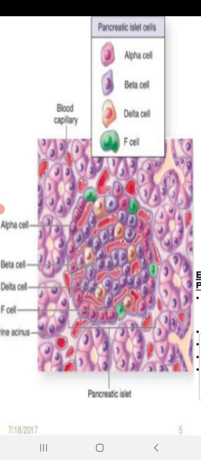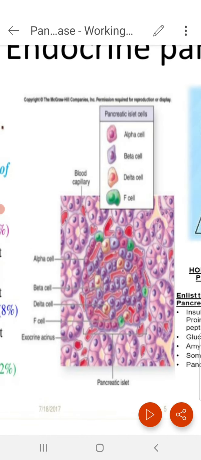And yellow cells indicated here and there in the TS or transverse section of this pancreas are delta cells, and F cells are colored with green. So all 4 types of cells will constitute the endocrine pancreas.